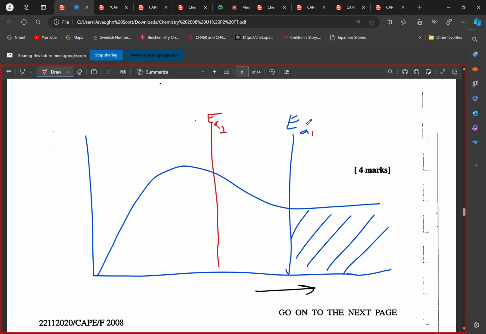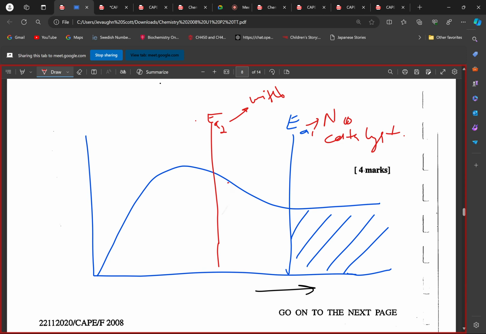So without a catalyst, this is no catalyst, but this is with catalyst. So what's going to happen here, without catalyst, only the shaded area there in blue will have enough energy to react, right?